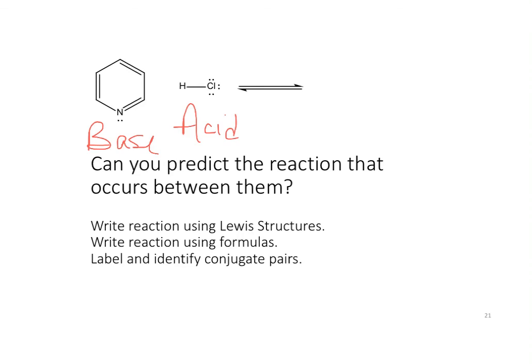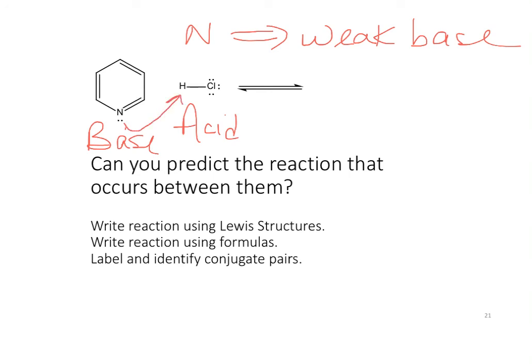So I'm going to give you another little hint, though. Anytime you see a nitrogen-based compound, almost always a weak base. Almost always. So just kind of tuck that back in your knowledge. All right, so what do bases do? Bases, the lone pair on the base is attracted to and attacks the hydrogen ion on the acid.